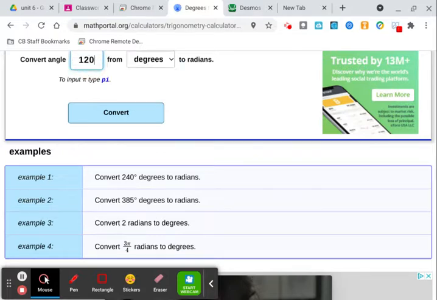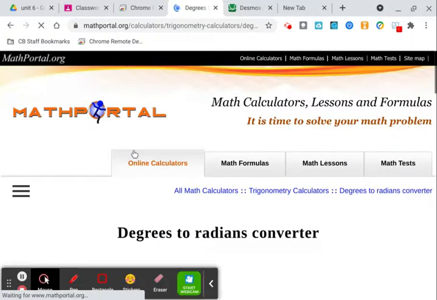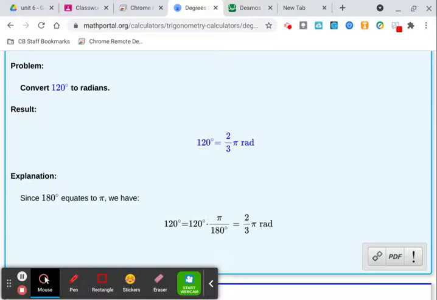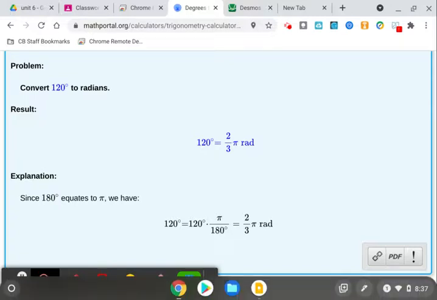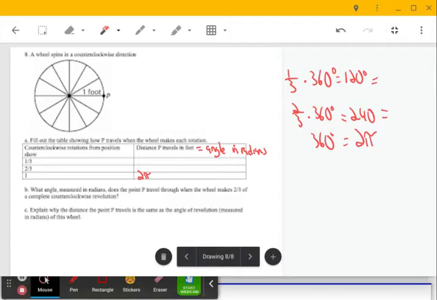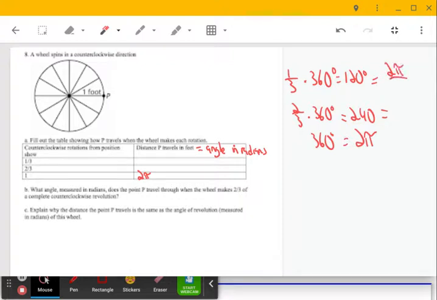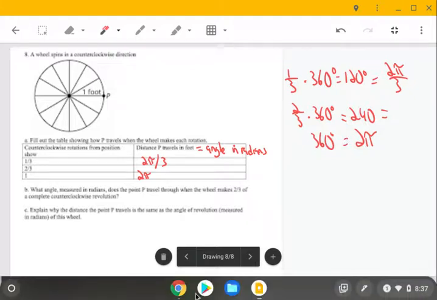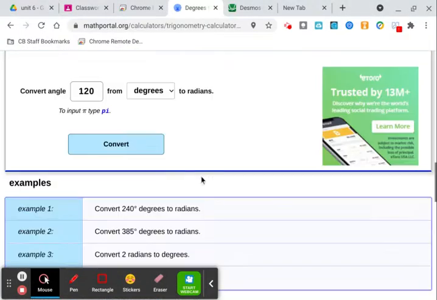So we're going to convert 120 degrees to radians. And that's going to be 2 pi over 3. So 120 degrees is 2 pi over 3 radians. So that's what's going to go here, 2 pi over 3. 240 degrees, so let's do that one.